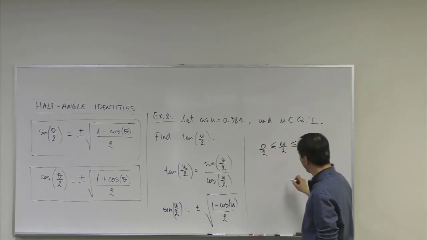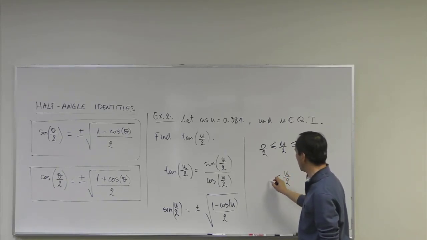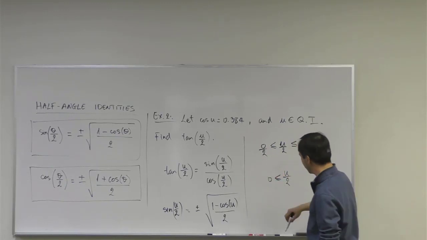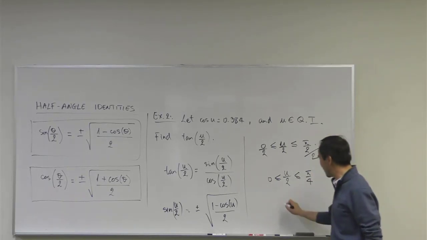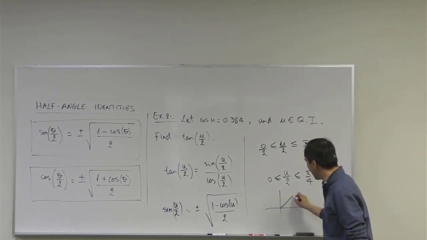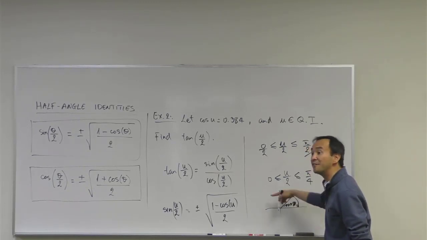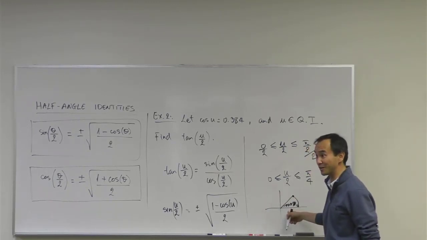See what I mean? So u over 2, as our main objective here, is still anywhere from 0, and 0 divided by 2 is 0, to pi over 4. You guys good? So anywhere from 0 to pi over 4 will for sure still keep our half angle in the first quadrant. You guys following me on that?